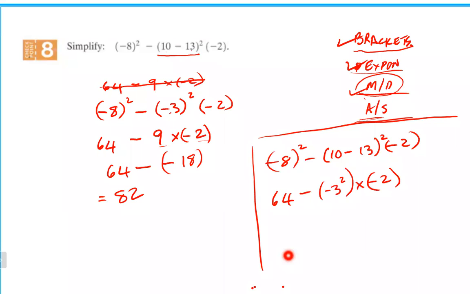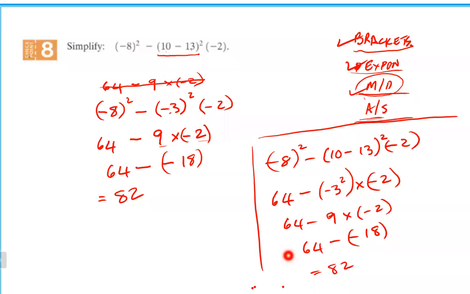So you could do the multiple steps right there. Then you could go back and deal with this exponents part and say 64 minus 9 times negative 2. Then 64, that would be minus negative 18. And it's still going to end up giving you equal to 82.